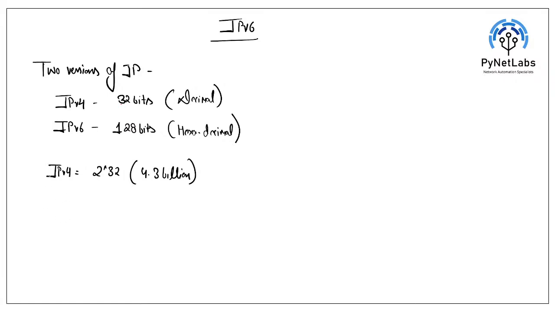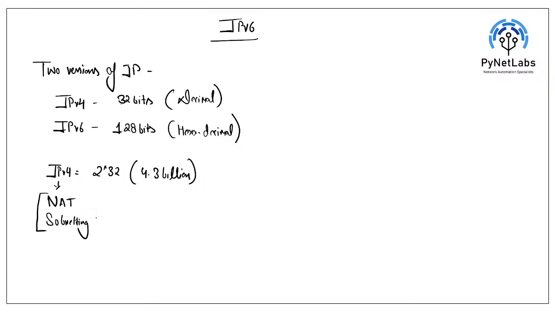So before introducing IPv6, after IPv4 was launched, there were two solutions which were invented to make sure that we should not run out of IPv4 addresses. NAT, network address translation, and subnetting were introduced after IPv4.